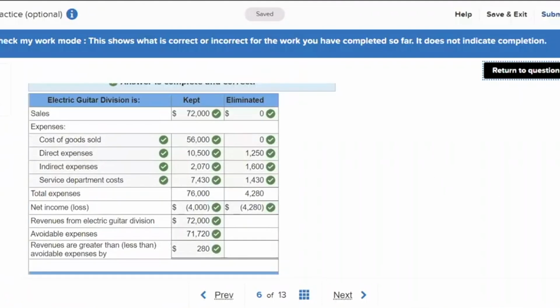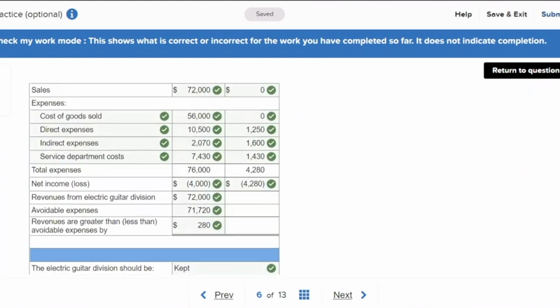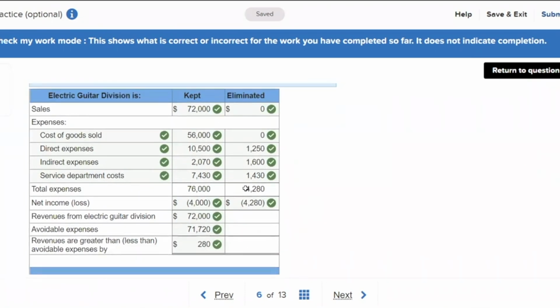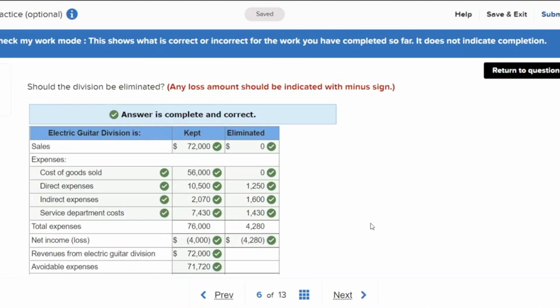Yep, that's right. It's almost a confusing way that they're making you analyze it here. I could just look right here and say 76,000 minus, because these are the total expenses, but that's the unavoidable expenses. So the avoidable is that minus that, which is 71,720. Electric guitars are helping us only by $280, but they're still helping us somewhat.